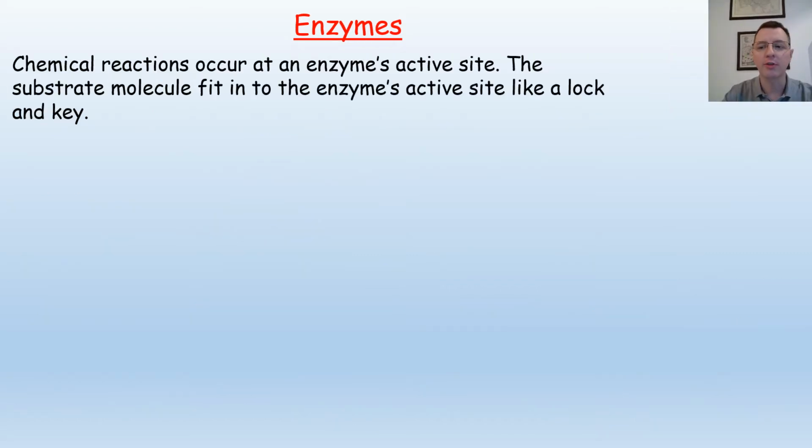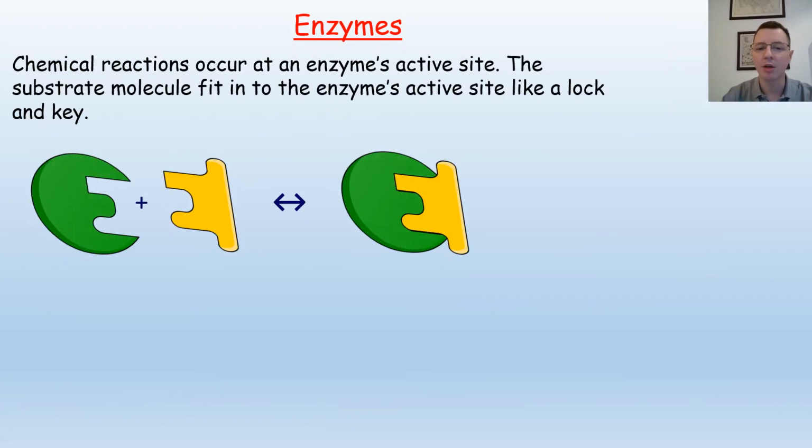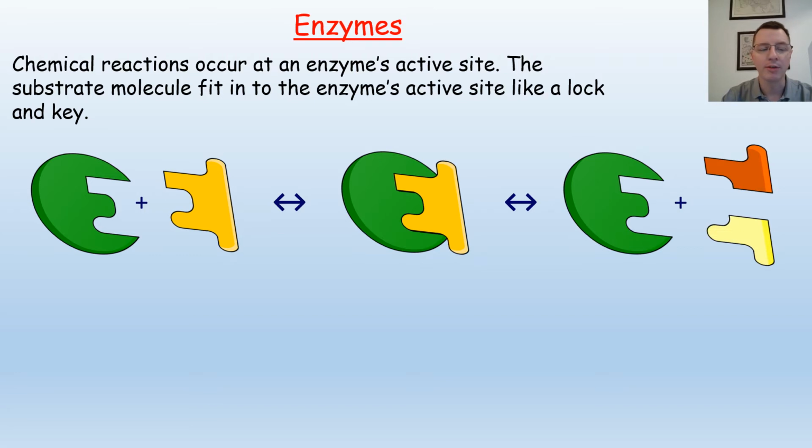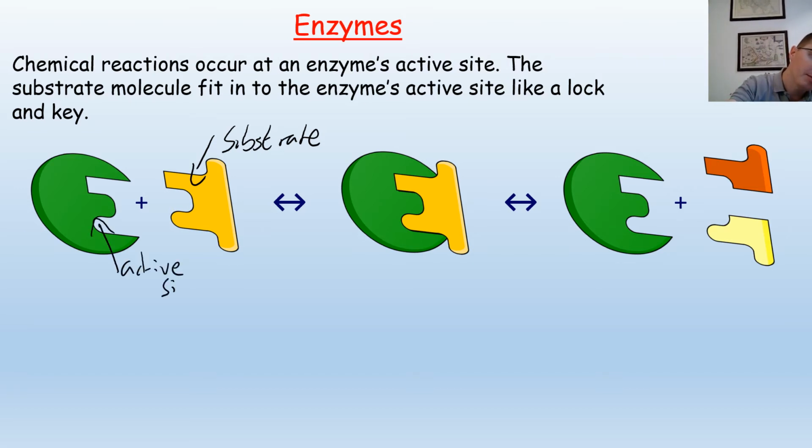So this slide is explaining to you the classic lock and key mechanism of an enzyme, whereby we have our substrate here, and a substrate is any chemical which will fit into the enzyme's active site.